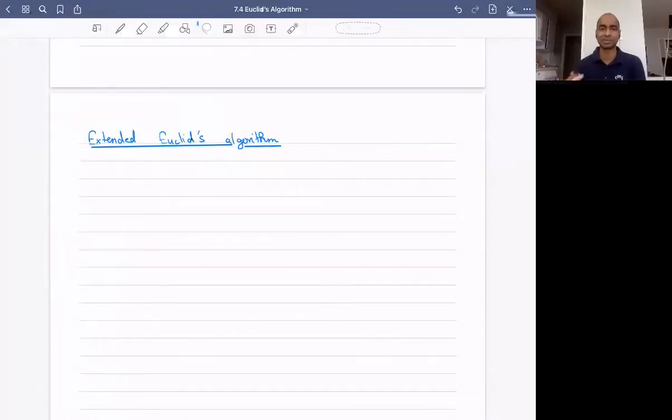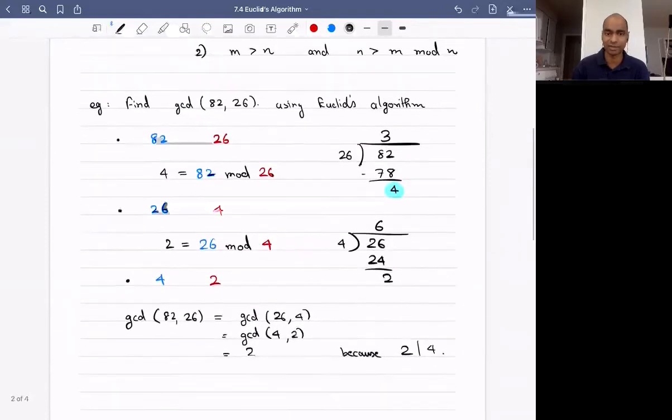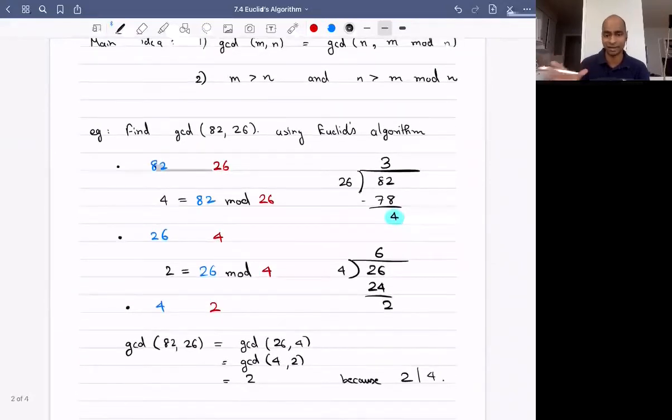Now we'll take this to the next level and talk about extended Euclid's algorithm. So Euclid's algorithm lets us find the GCD of two numbers, but actually it does something more. To see this, before I tell you what extended Euclid's algorithm is doing, notice what has happened here. I kept the remainders, and I just used the remainders to find the final GCD, but I also have the quotients.